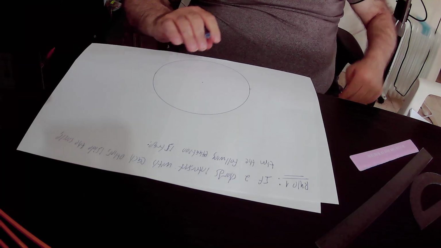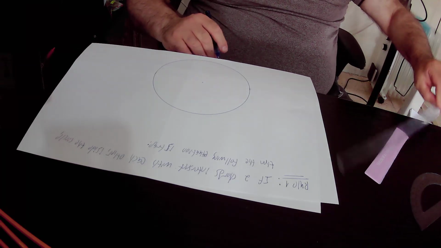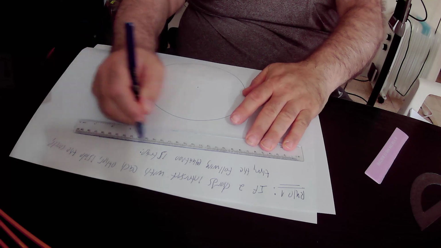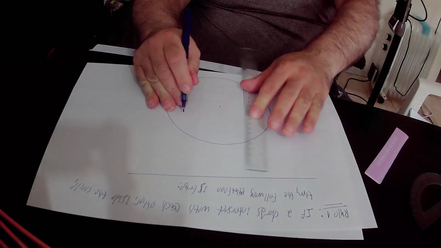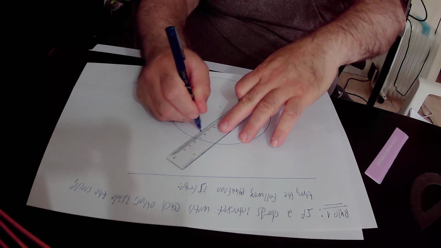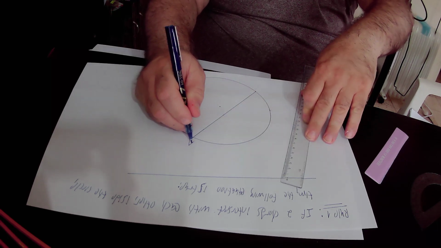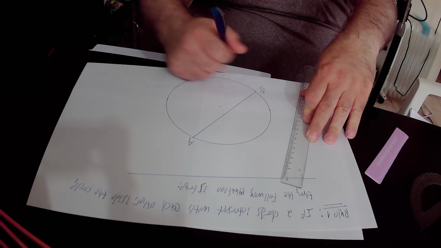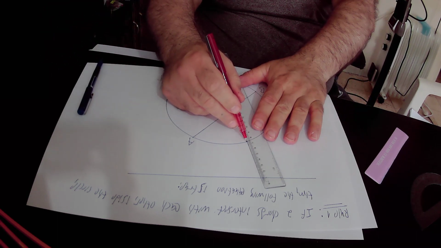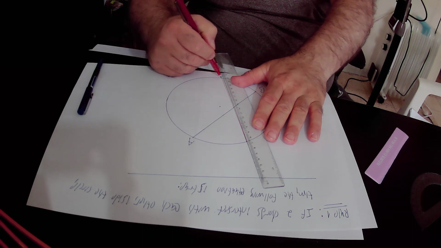So we have here chord AB that intersects with this chord CD.